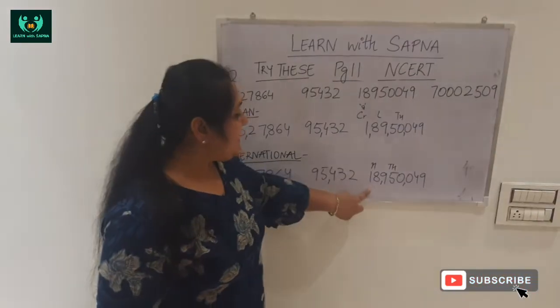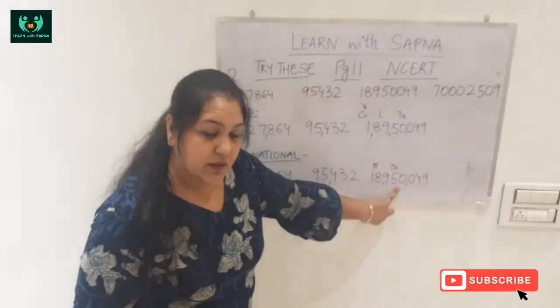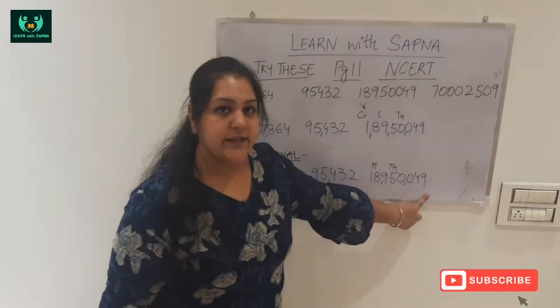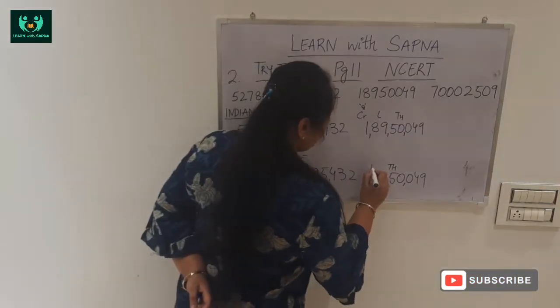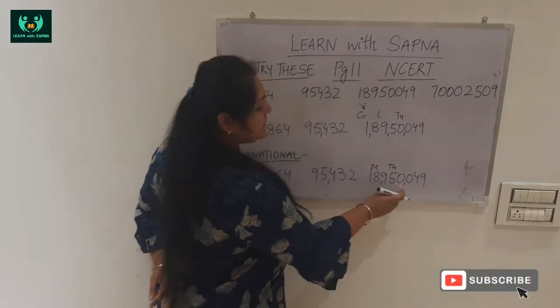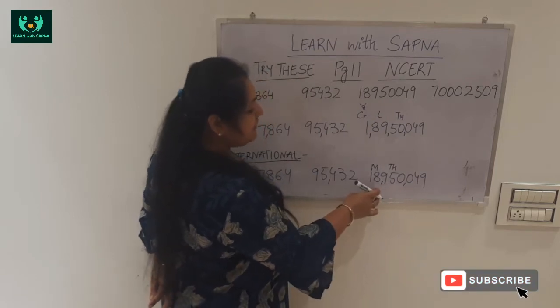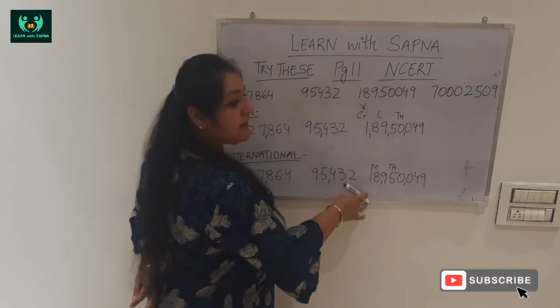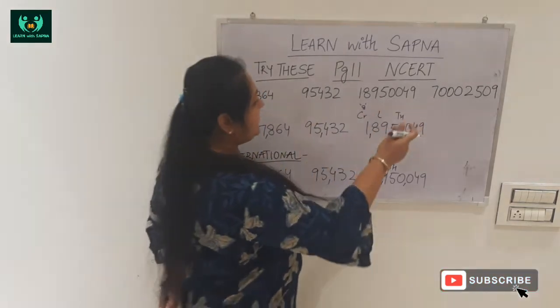So this is 18 million 950,000 and then 49. Are you getting? We are reading this in million. Like here we have thousands, then 10,000, then 100,000. Again when it comes to million, 10 million and 100 million are there, and then the higher degree is billion. Let's see the next one.